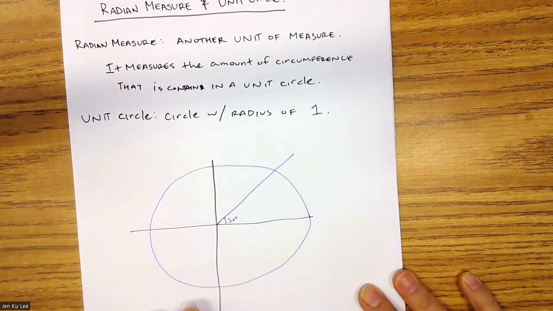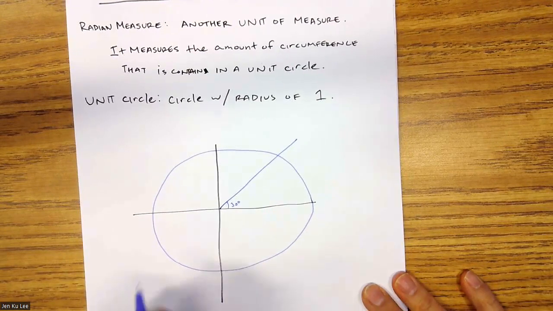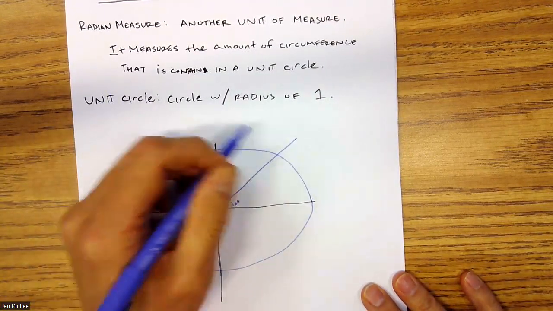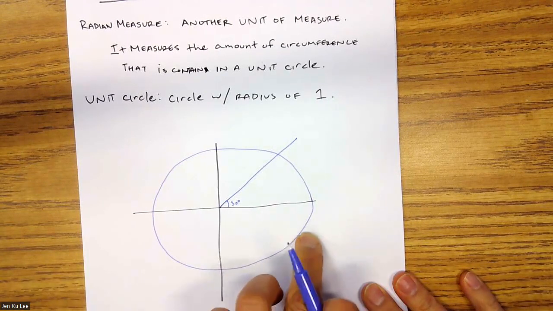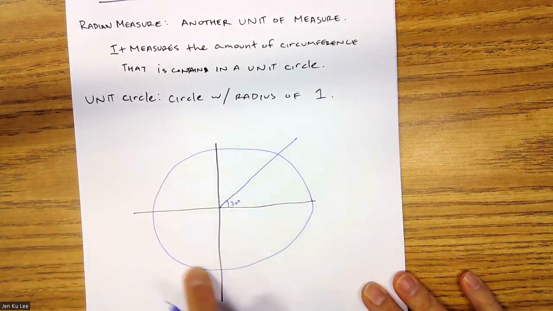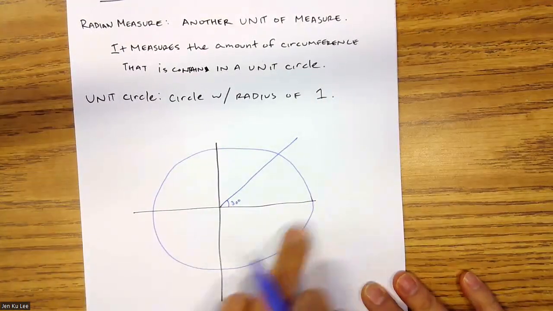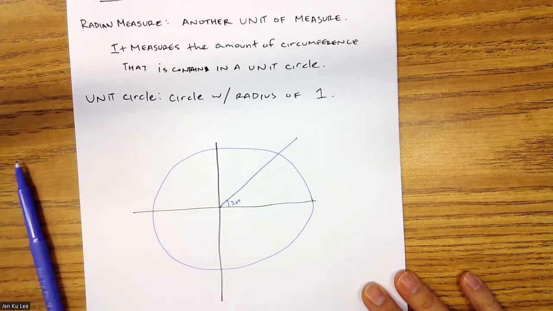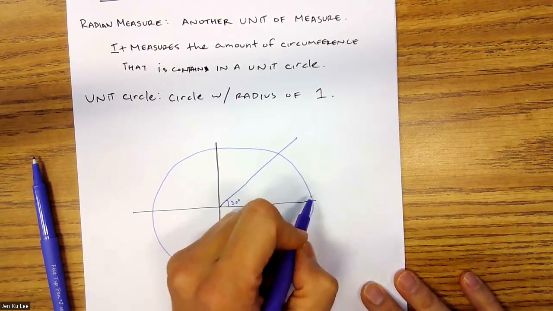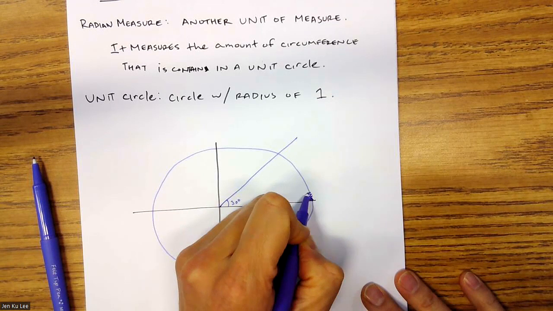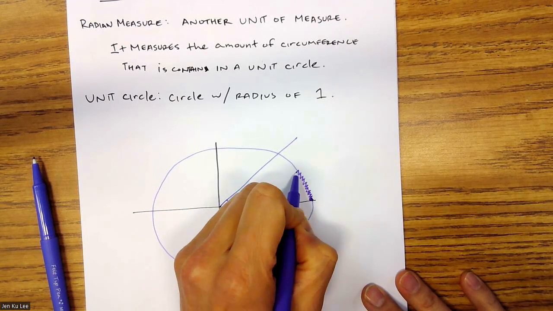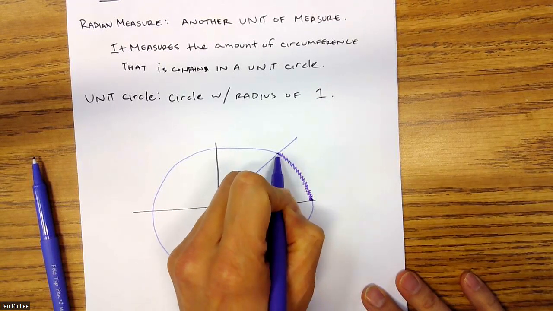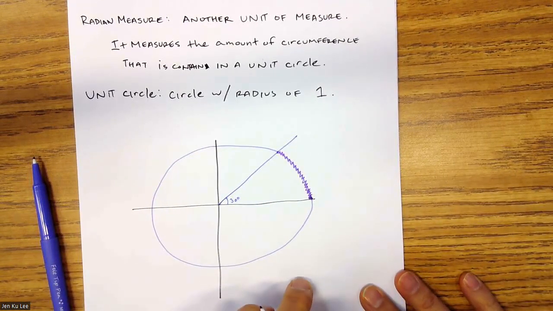Imagine that's a circle that goes around that angle, around the X and Y axis. And what radian measure is, it's a measurement of this in proportion to the whole circumference.